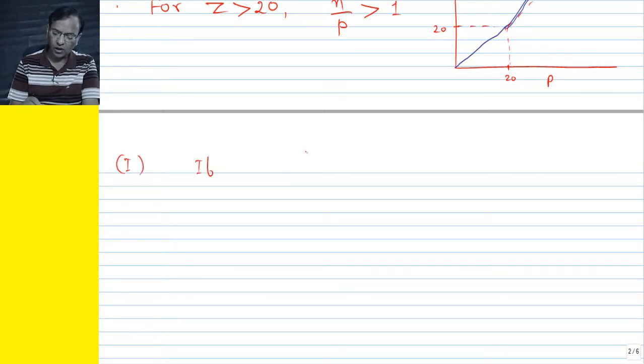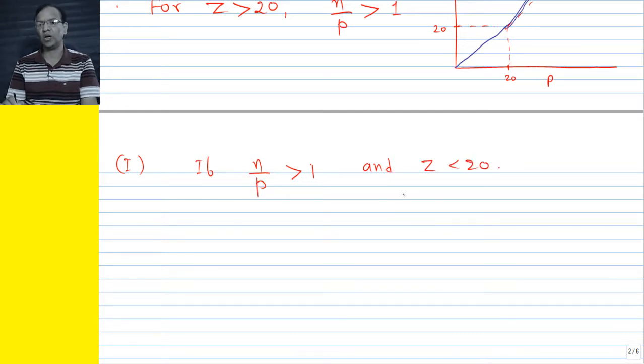If N by P is greater than 1 and Z is less than 20, we are talking about the lighter isotopes where the N by P ratio required for stability is 1.